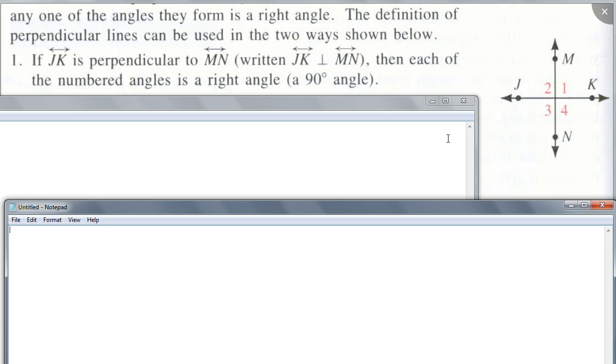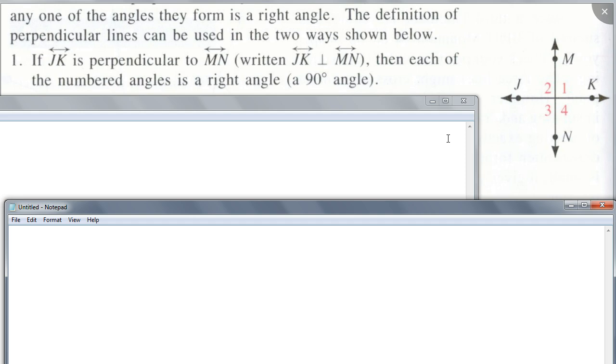So this comes from the definition of perpendicular lines. In other words, let's say you're doing your homework or on the test, and I told you that two lines are perpendicular. What can you conclude from the definition of perpendicular lines? Nicole?